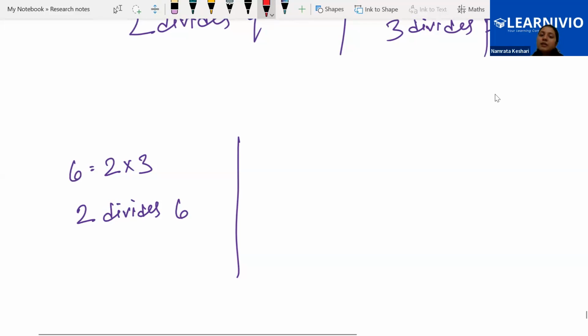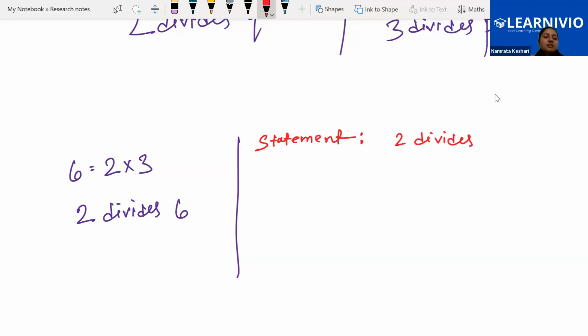But if we will be having the reverse case, that is a statement is given. The statement says that, instead of 6, let's say 2 divides p. 2 divides p.